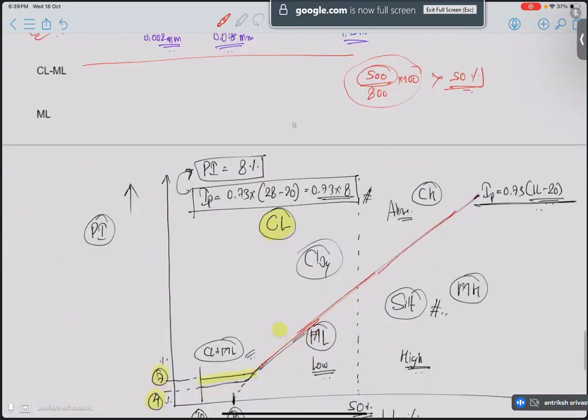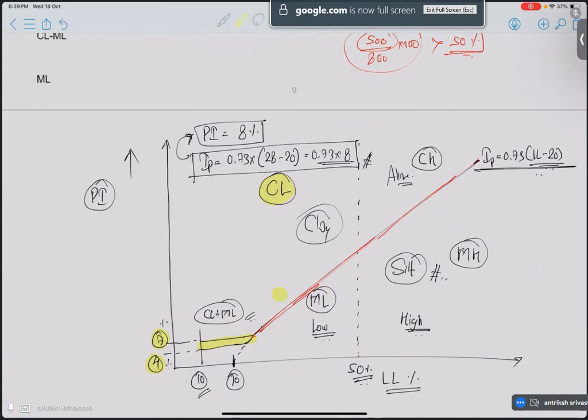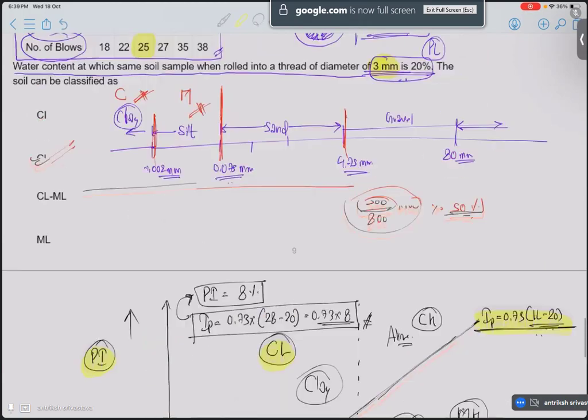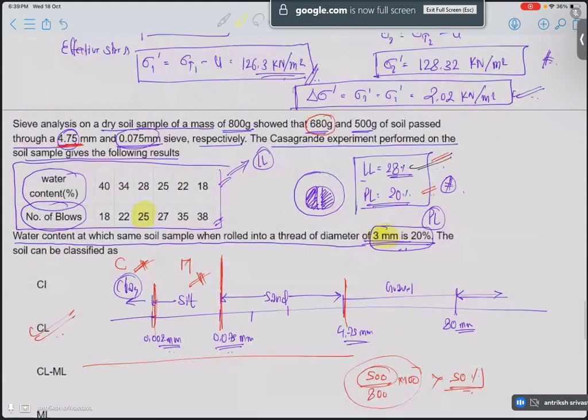So this A line equation, for instance, 0.73 into liquid limit minus 20, right? And this plasticity index boundary, that is 4: when it is between 4 and 7, then you have to write it as a mixture of clay and silt, silty clay soil, right? And this grain size distribution chart is definitely a must when we are dealing with soil classification.